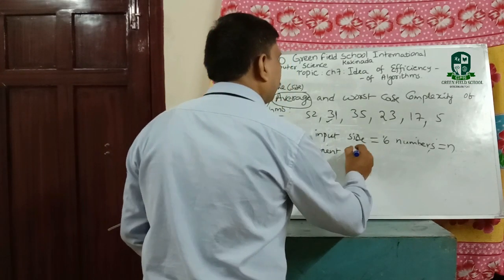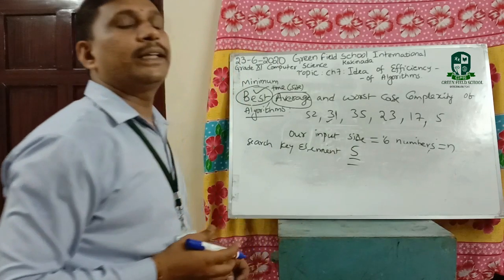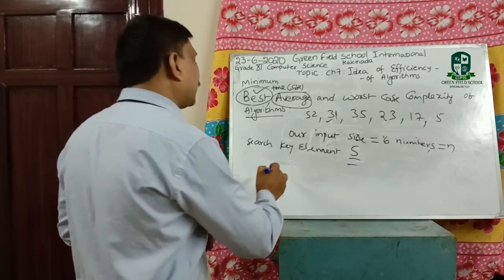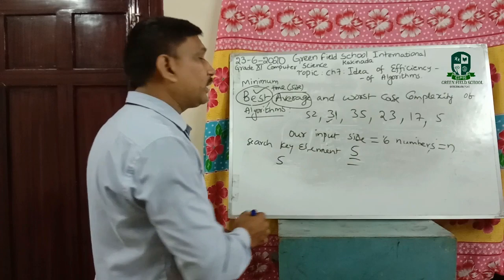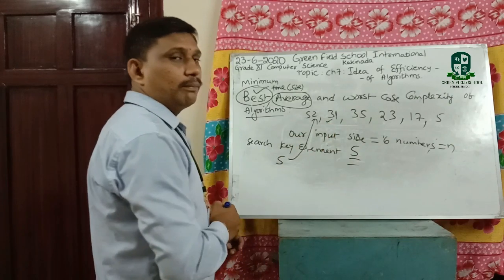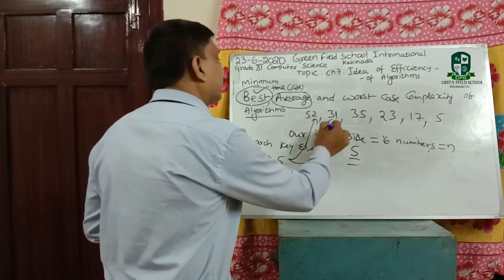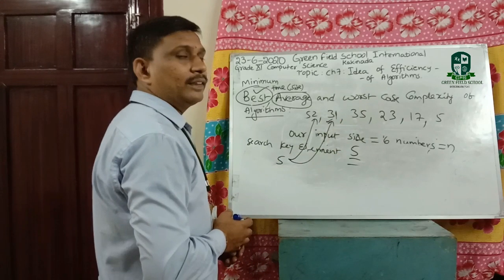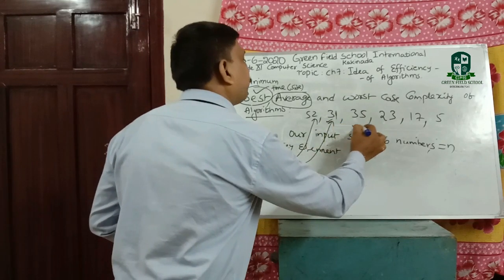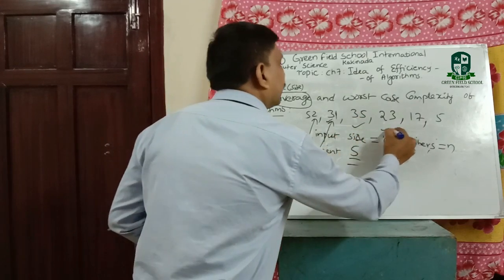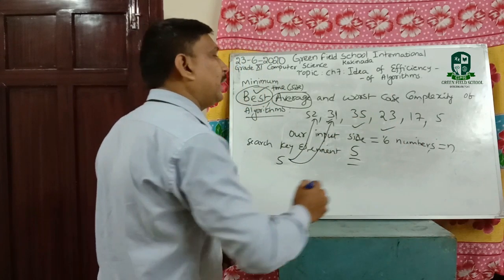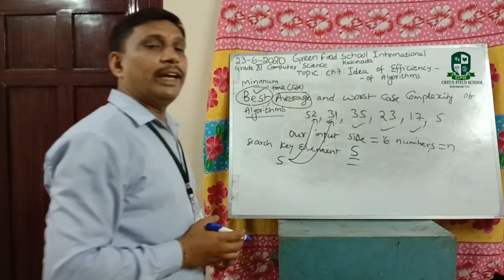In this third example, my search key element is 5. First I compare my search key element with 52, but the comparison failed. Then I compare 5 with 31, here also failed. Then I compare with 35, failed. Compare with 23, failed. Compare with 17, failed.